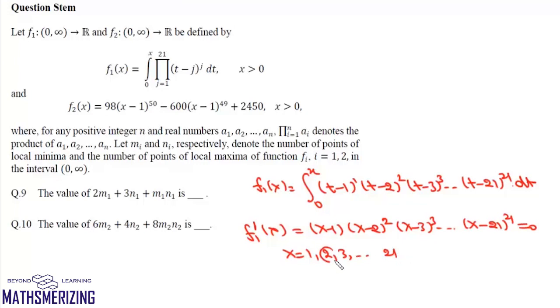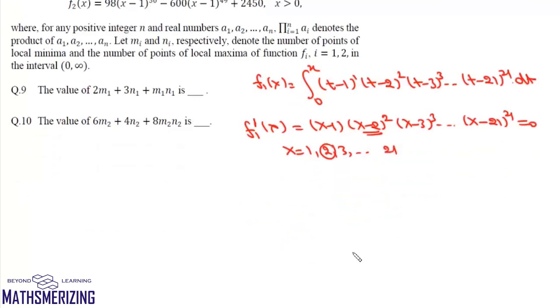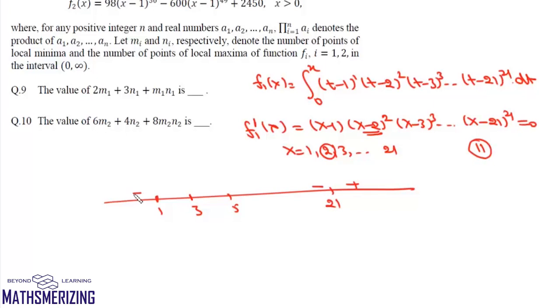But at even numbers, since the power is even, there is no change in sign. So at even integers, it'll be a point of inflection. So we'll have maxima and minima only at odd points. Now if we put these points 1, 3, 5 up to 21, rightmost is plus, so it'll be plus minus, and then if we put x as 0, and since we have 11 odd points, this value will be minus, so it'll be this minus plus.